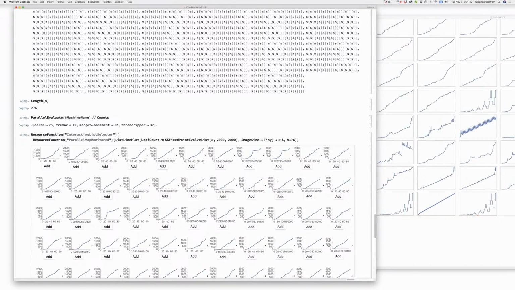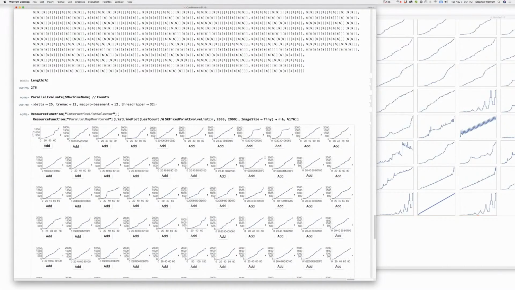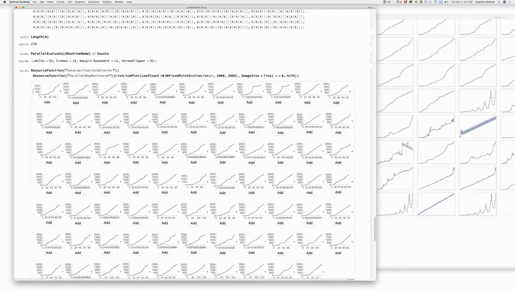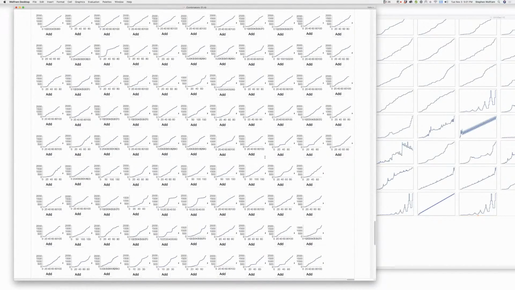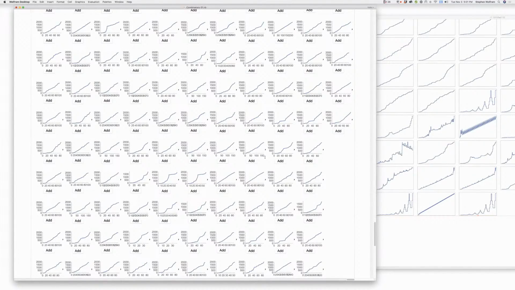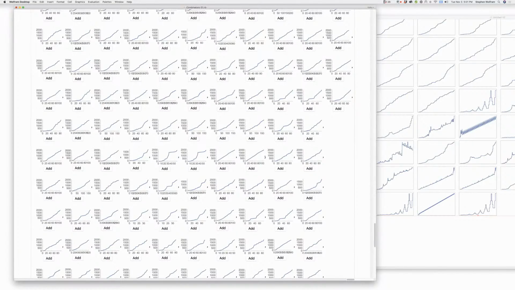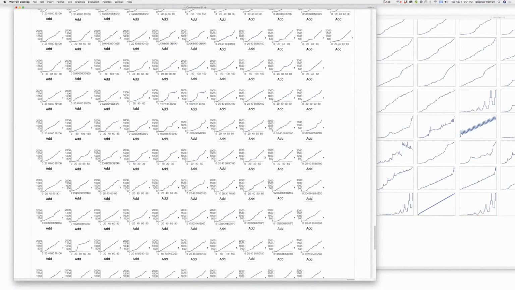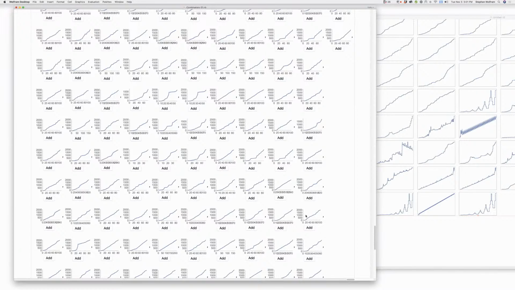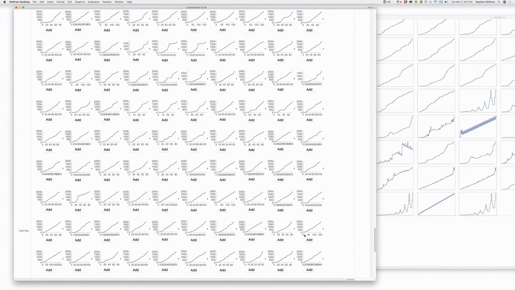Okay. All right, so now our question is, are there any surprises in this collection of creatures? Are there any that look qualitatively different? So I'm a little bit interested in these ones that have little scallops in them.